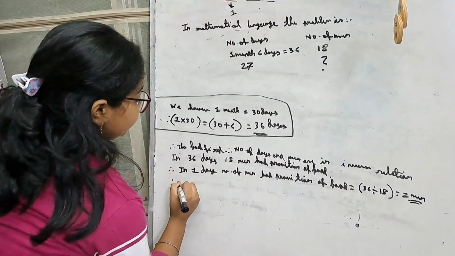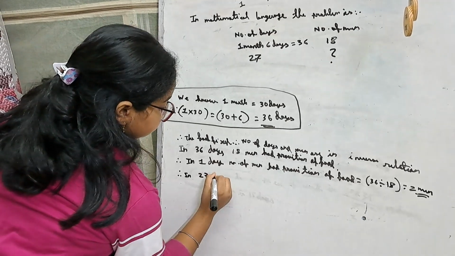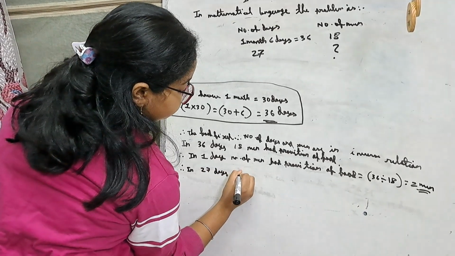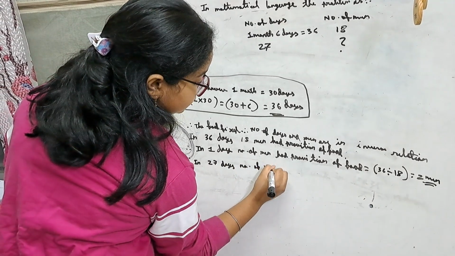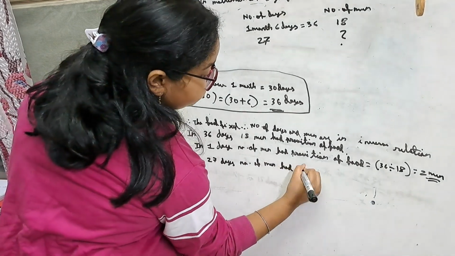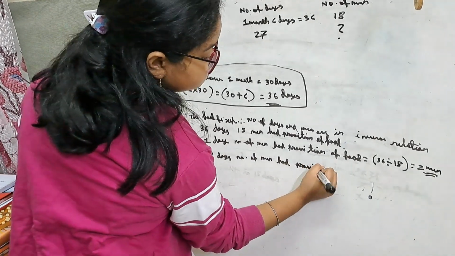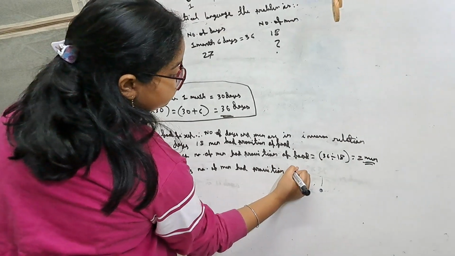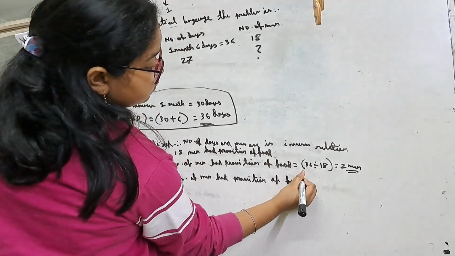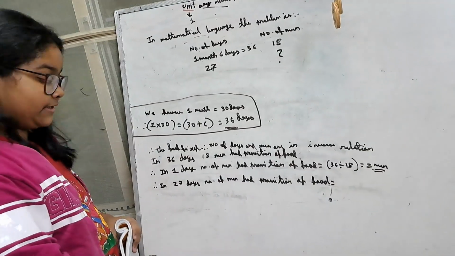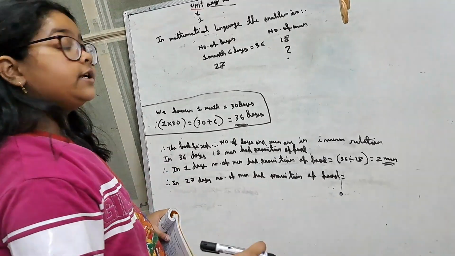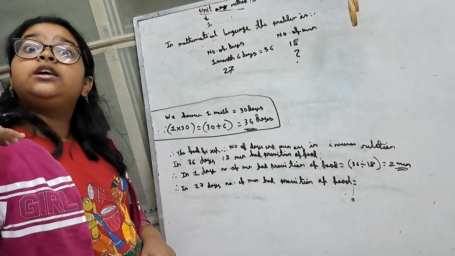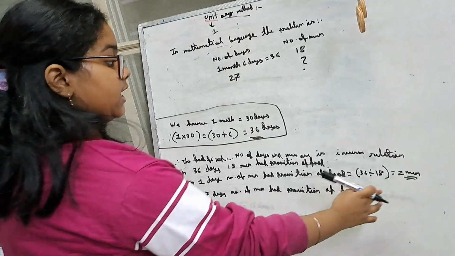Therefore in 27 days, number of men who had provision of food will be much greater than this.